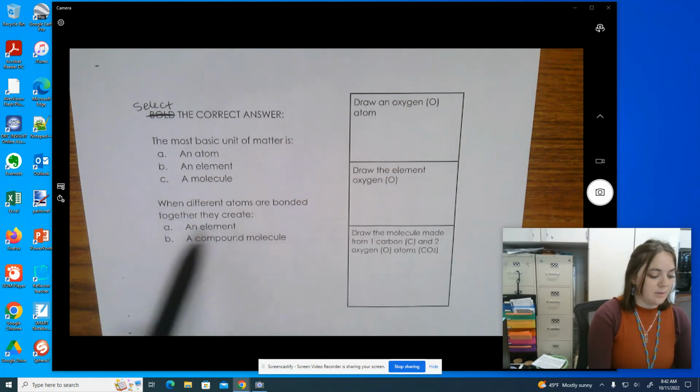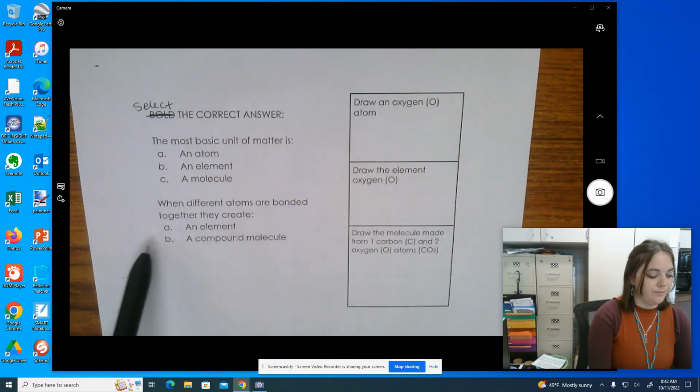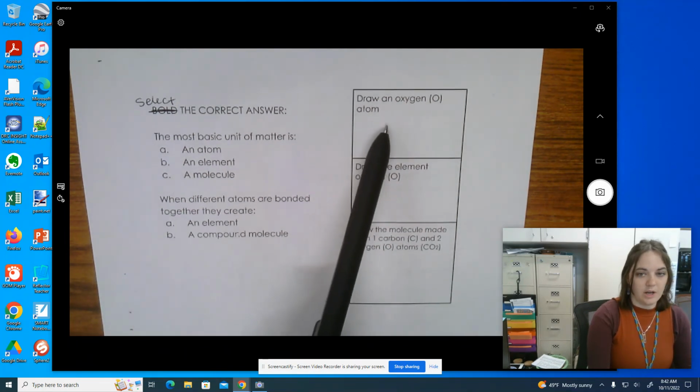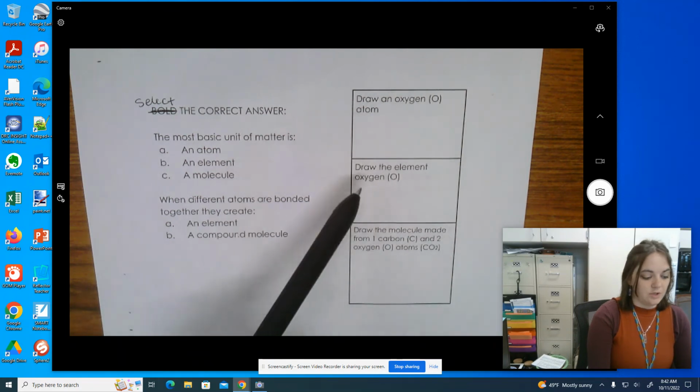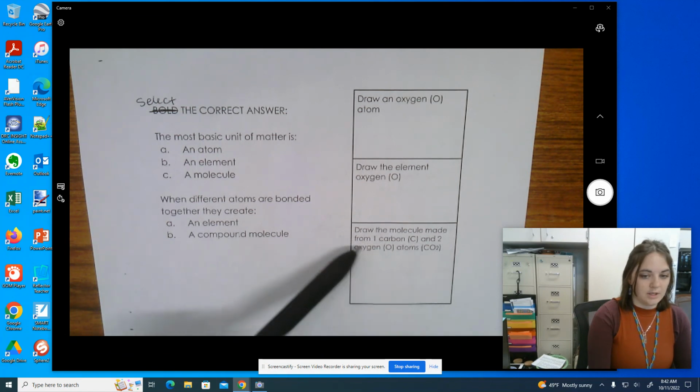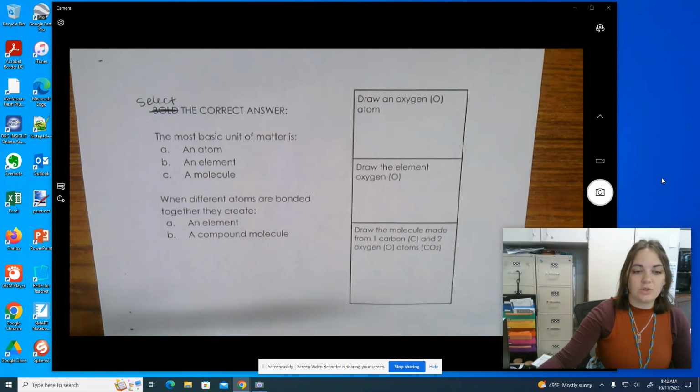When different atoms are bonded together, they create an element or a compound molecule. Over here, I'm going to have you draw an oxygen atom, draw the element oxygen, and then draw the molecule made from 1 carbon and 2 oxygen atoms. So go ahead and use your notes from the first side of this to answer these questions. When you're done, go ahead and turn them in.